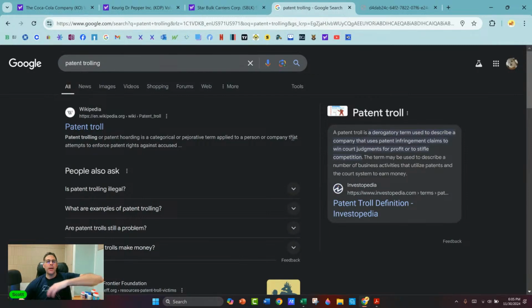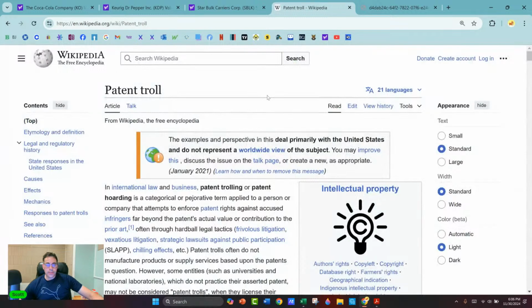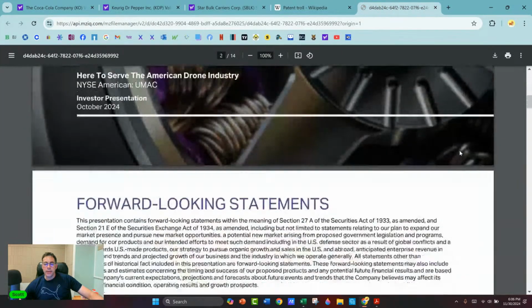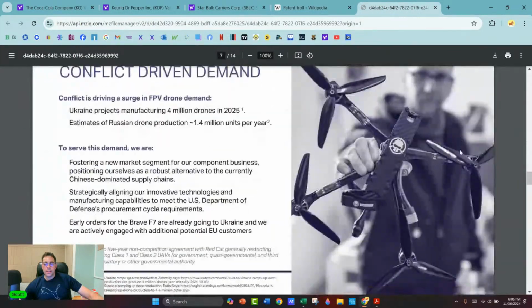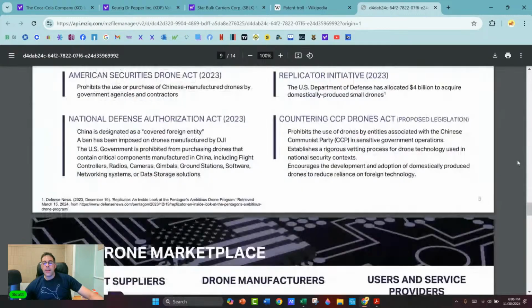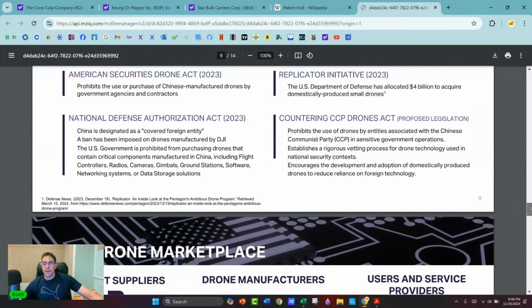A company would just buy up patents in the open market, and then hold the patents, and then sue people that infringe on the patents. So is that what they're doing? But they're actually making a product. I'm sure they're going to get a patent for the product.